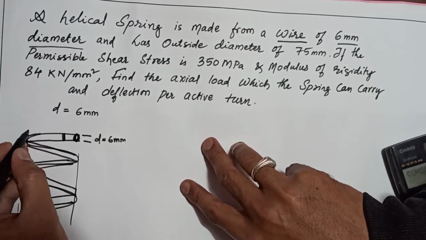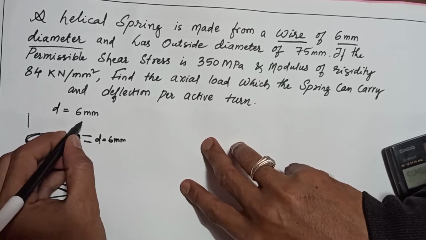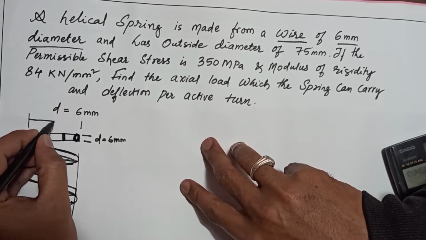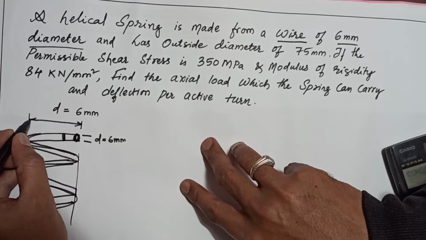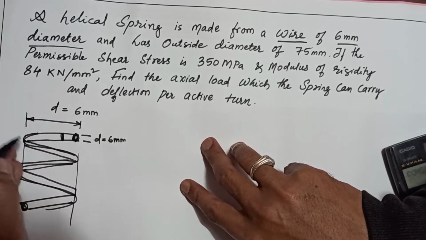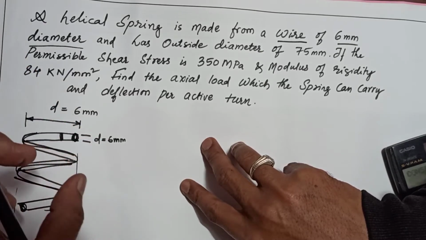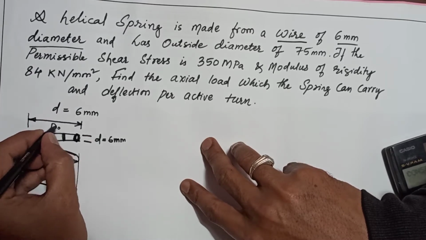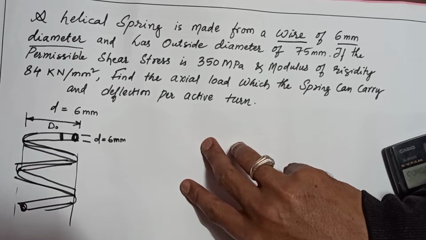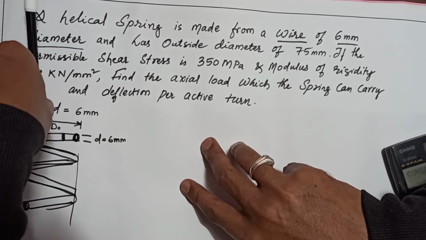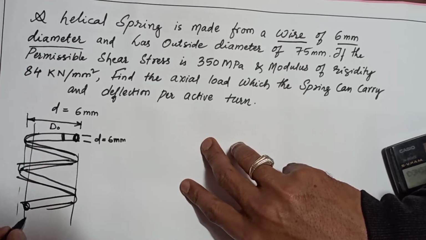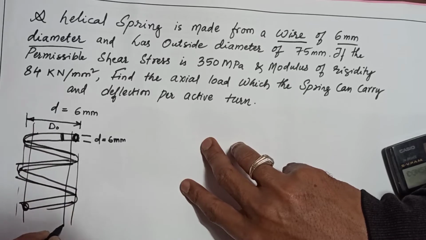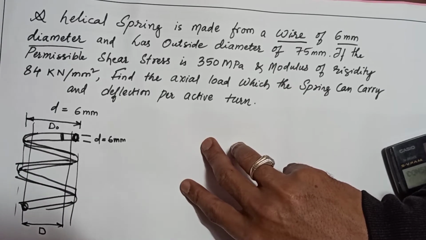So here one will be called the mean diameter and another the outside diameter. If you measure the spring from the outside, we call that the outside diameter of the coil, and if you measure inside the spring, then we call that the mean diameter of the coil, or the inner diameter of the coil also we can say.